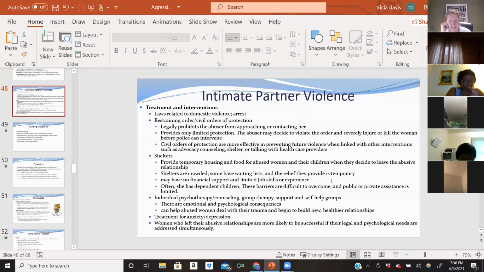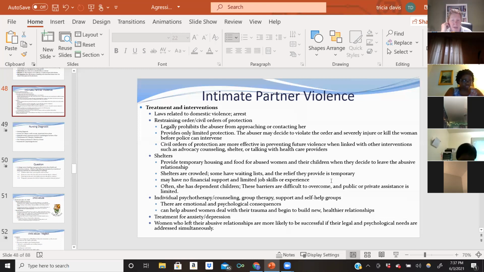We know the importance of individual psychotherapy, counseling, group therapy, and self-help groups. We know that the effects of abuse bring emotional and psychological, long-term consequences. So these patients need to have this ongoing therapy.